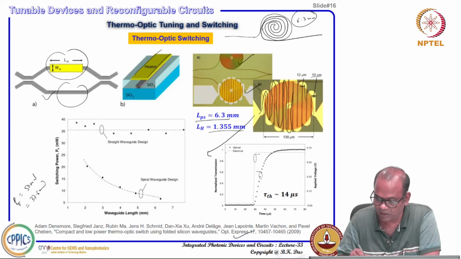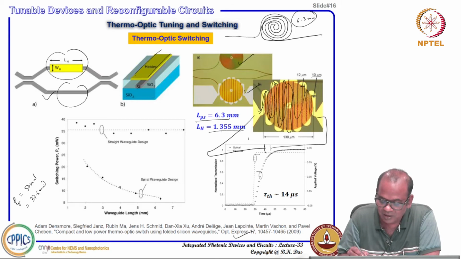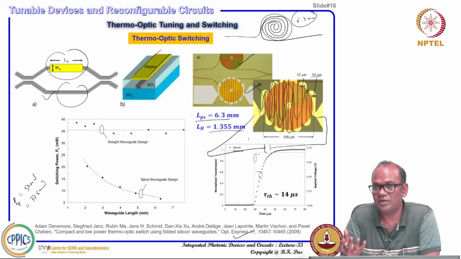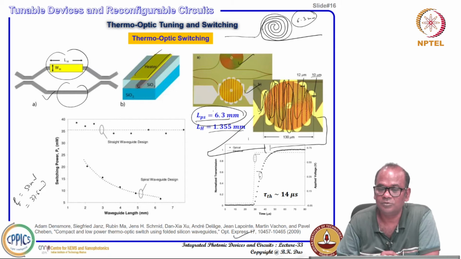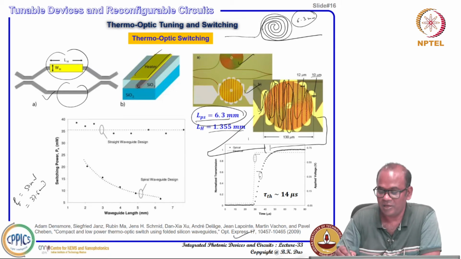If you apply voltage here, current will pass through, and all the I squared R heat will be generated in this microheater, which will conduct towards the waveguide from the top. That means your LPS is now 6.3 millimeter long, and all your heating power is concentrated in this area, so the entire length is affected and the temperature rise can happen, right.